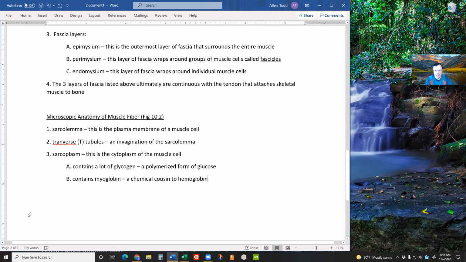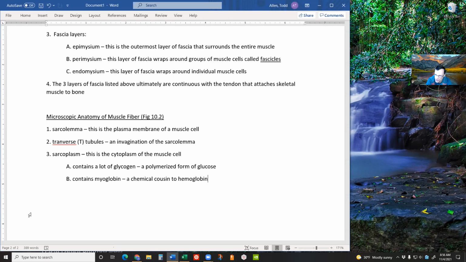Okay, and long story short, you can think of myoglobin as an oxygen battery. It binds to oxygen and releases it into the interior of the muscle cell when the muscle cell needs the oxygen. Let's see, if we have some electronics people out there in the audience, you might think of myoglobin as a capacitor.